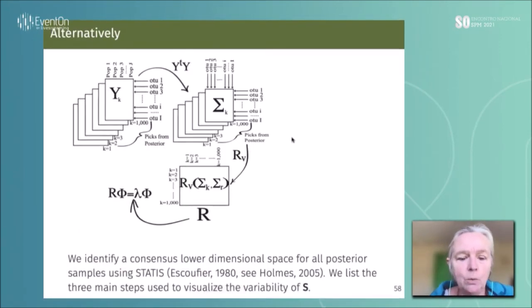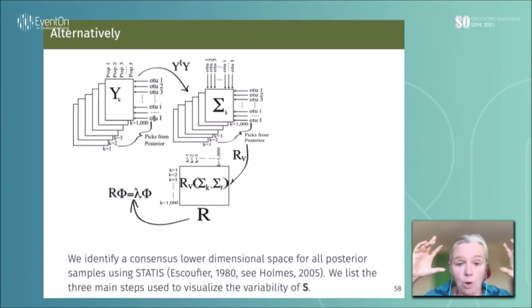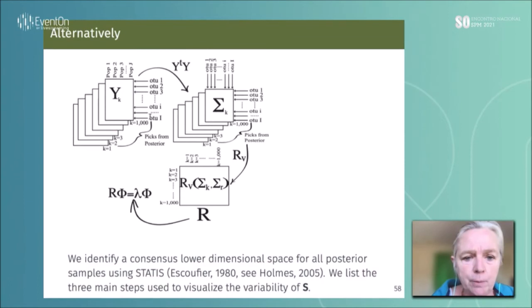So again, we use this RV coefficient. We compute cross correlations between the different tables that we got from the posterior distribution. Here we're using what's common to all of them, which is the OTU sets. And then we have these different cross correlation matrices, and we compute the RV coefficient.